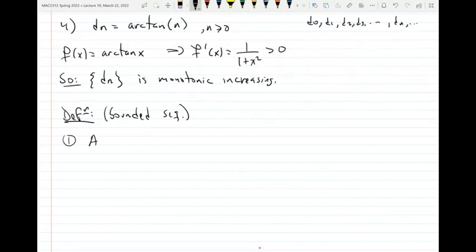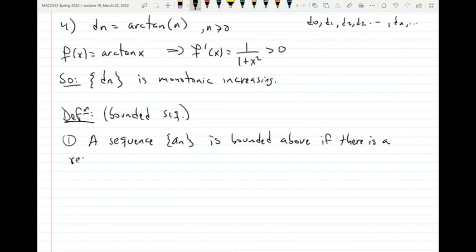So a sequence a_n is bounded above if there is a real number M such that for all n, we have that a_n is less than or equal to M. Basically, what I'm saying here is a sequence bounded above means that there is a number for which none of the terms in our sequence will go beyond that number.